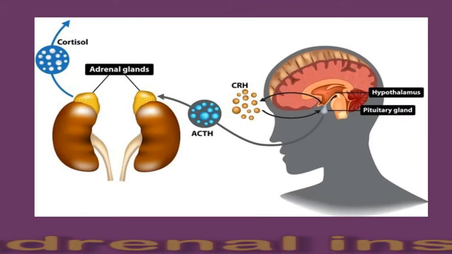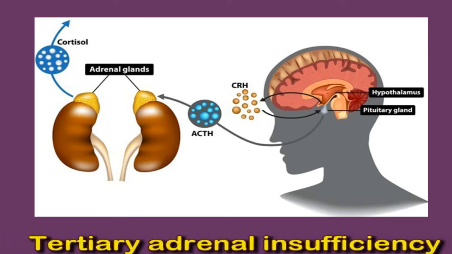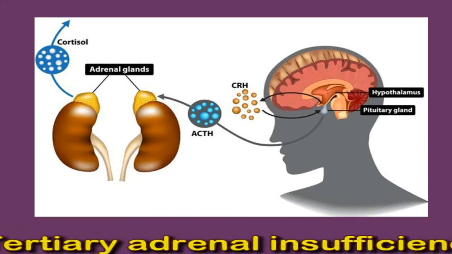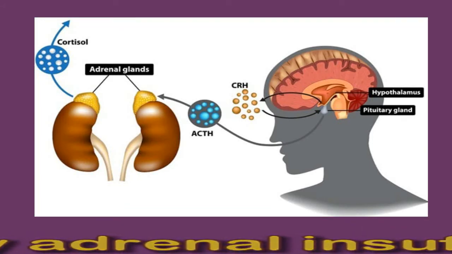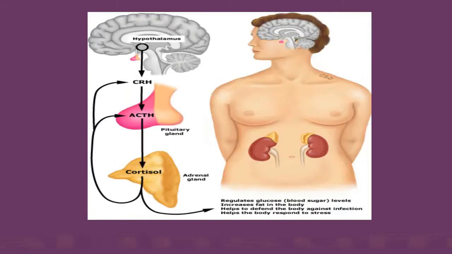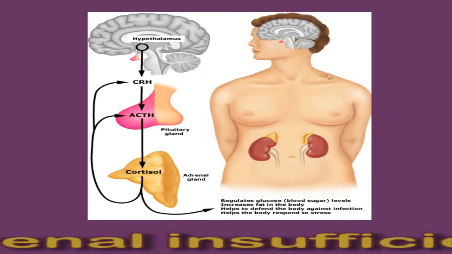Tertiary adrenal insufficiency. The hypothalamus in the brain, a region that influences hormone production in the adrenal glands, produces too little corticotropin releasing hormone or CRH, leading to low hormone levels. The adrenal hormones influence many bodily functions.